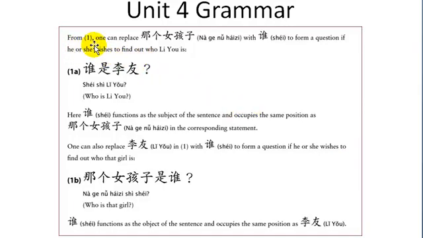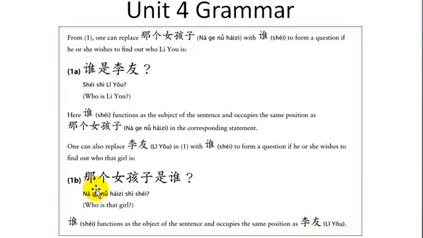One can replace Leo with 谁 to form a question if he or she wishes to find out who Leo is. So, who is Leo? You have 谁是Leo. Okay, who is Leo?